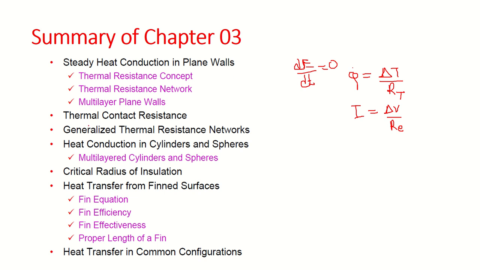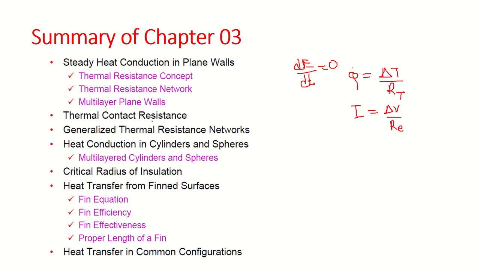Then you have seen thermal contact resistance. When we have a perfect contact and if there is an imperfect contact, what will happen? Imperfect contact means there will be some gaps when you are joining two irregular materials together. Then you will have irregular surfaces, and there will be some sort of gaps.